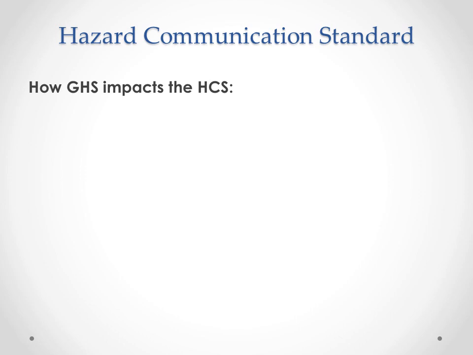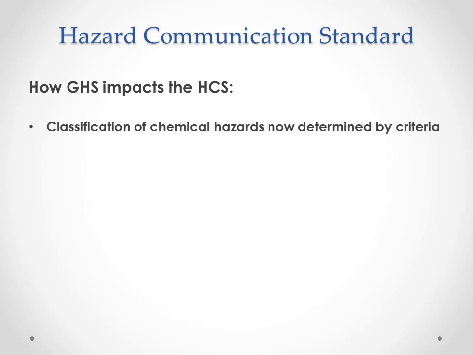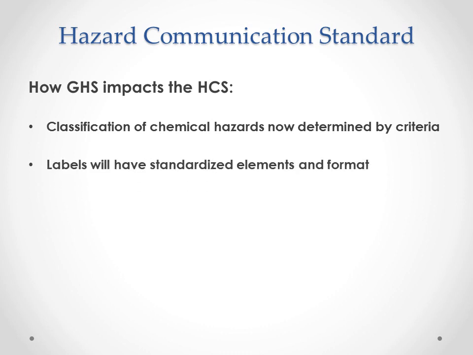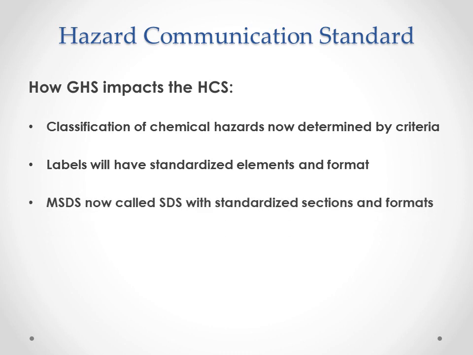Now let's look at how the globally harmonized system impacts the OSHA Hazard Communication Standard. While chemical manufacturers will still be responsible for determining chemical hazards, they will not have to follow strict criteria for making that determination. All labels will have to contain standard elements, which include specific information in a standard format.